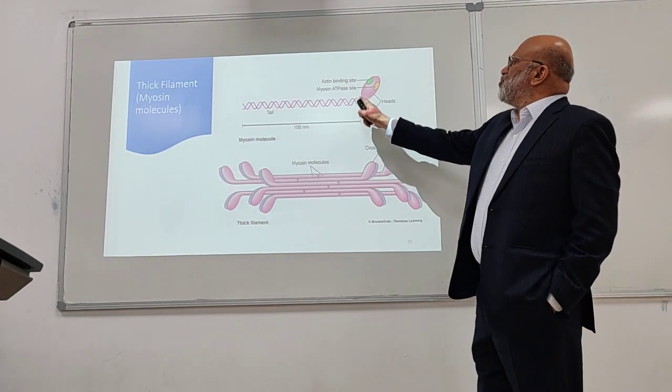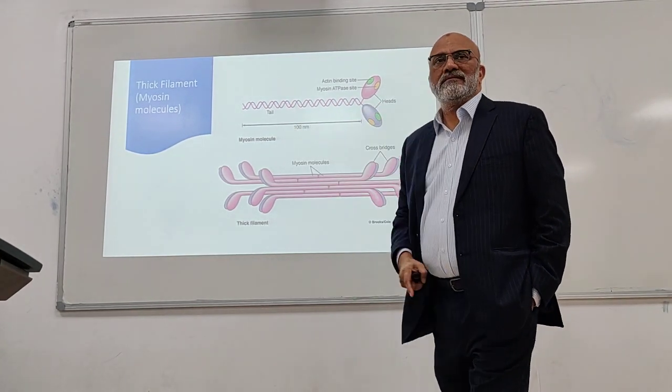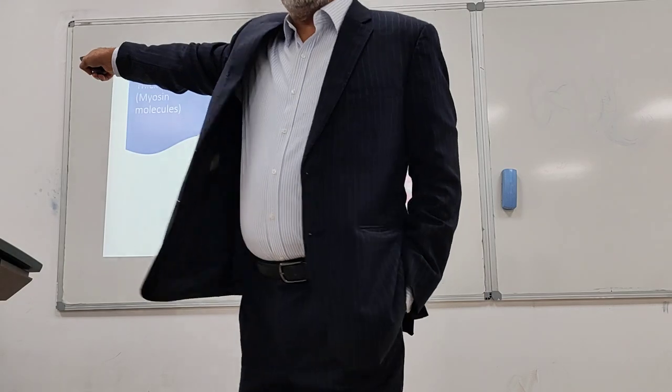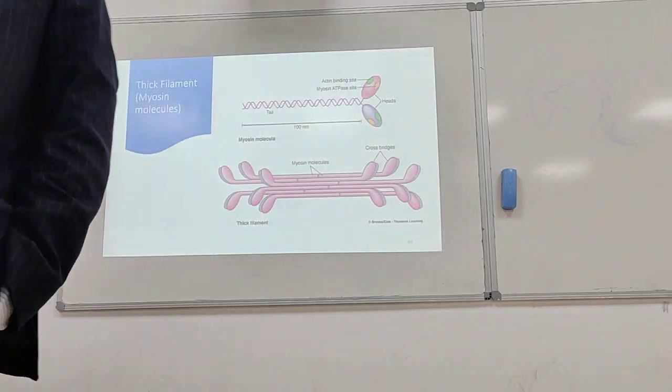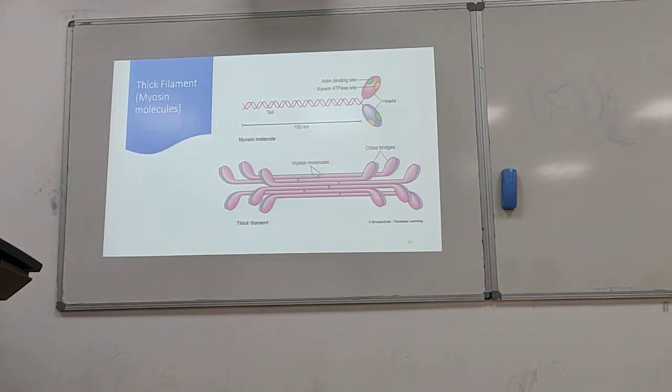It is made up of 2 fibers, like the DNA there. You have seen the DNA. This is called the tail. How many tails does the thick filament have? 2 tails. How many heads does it have? 2. What are the properties of the heads? Look at the diagram.